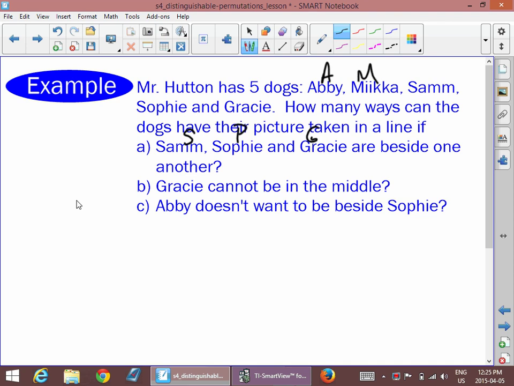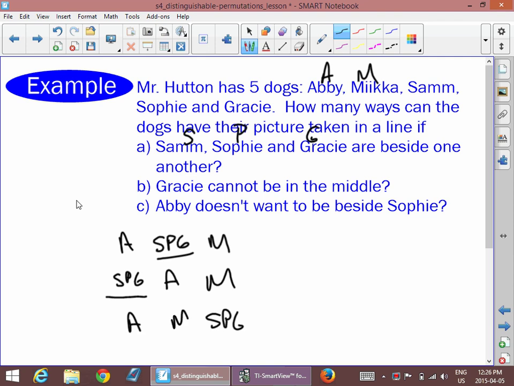If we take a look at what this is, we can have Abby here, and then we can have that SPG unit here, and then we can have Mika here. All right? But we can also have SPG here, Abby here, Mika there. Or we can have SPG here, Abby here, Mika there.